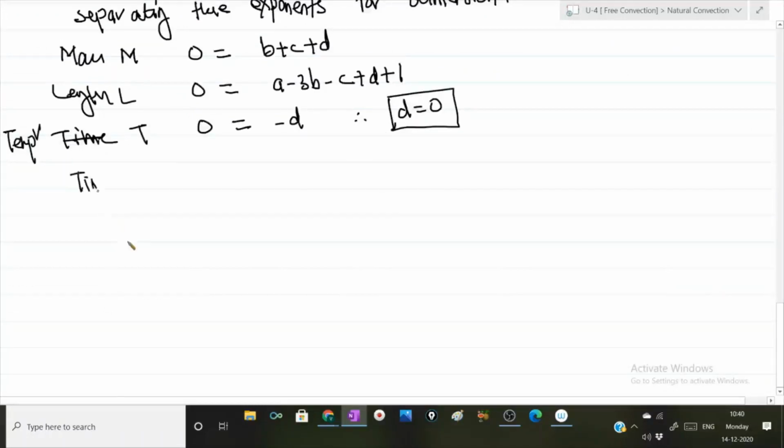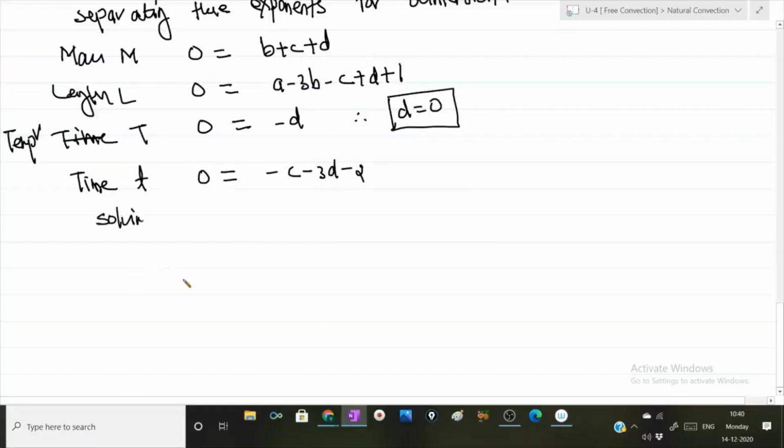And finally for time small t, 0 is equal to minus c minus 3d minus 2. Now solve all these four equations to get the values of a, b, c and d.